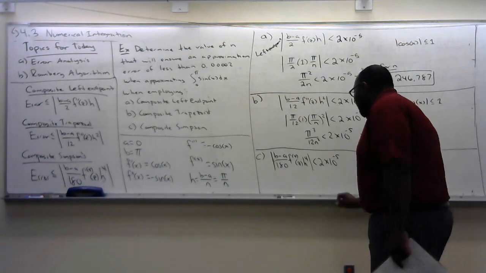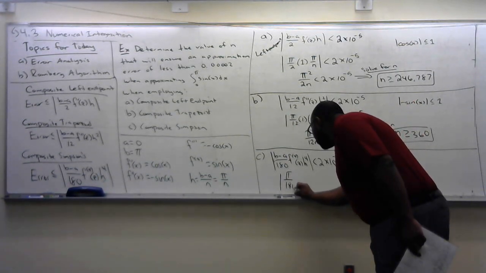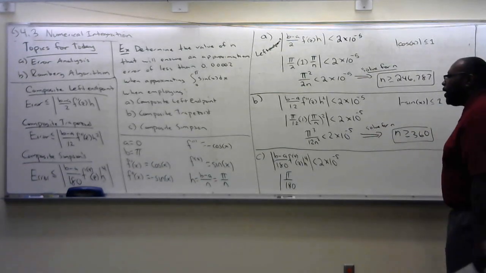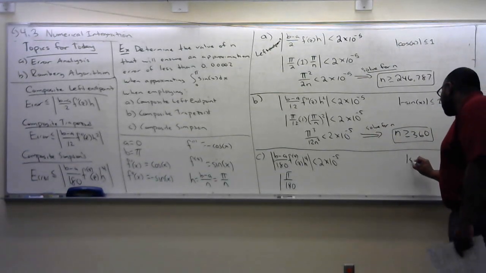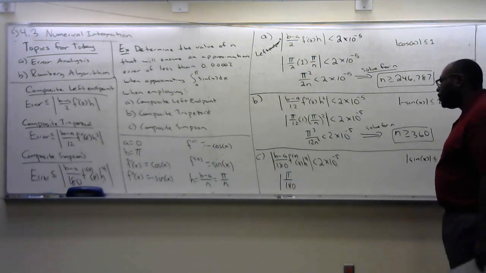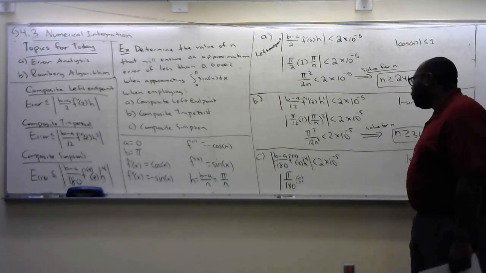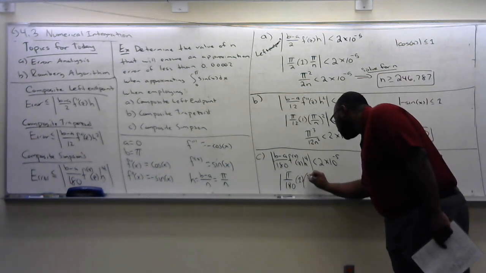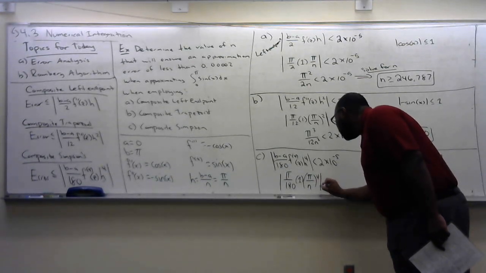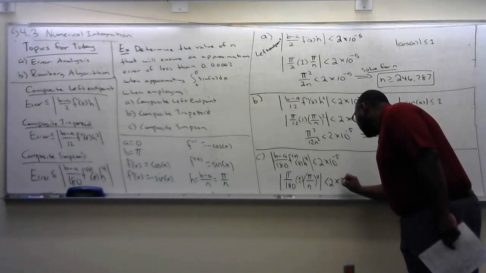So if I plug in, I get pi over 180. The fourth derivative of f is sine of x. Sine of x is less than or equal to 1 on the interval from 0 to pi. h to the fourth, so I get pi divided by n raised to the fourth. I want that to be less than 2 times 10 to the negative 5.